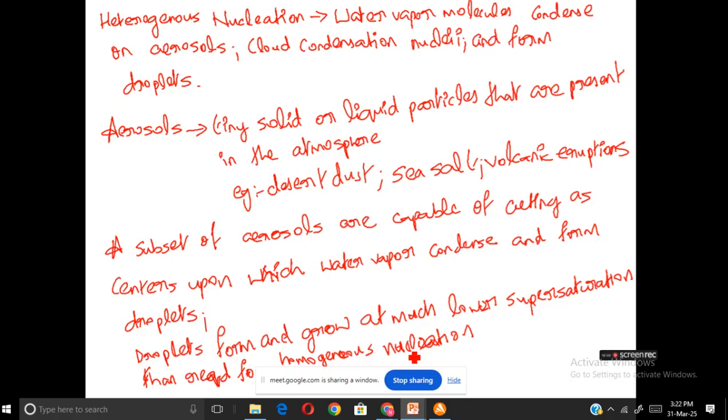There is another type which is known as heterogeneous nucleation. So in case of heterogeneous nucleation, there is an external particle that is serving as centers upon which the water vapor molecules can condense and then form the droplet. So in this case, the droplets can form and grow at much lower supersaturation than that required for homogeneous nucleation.